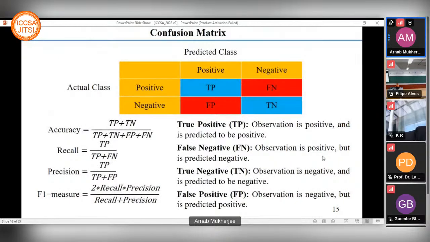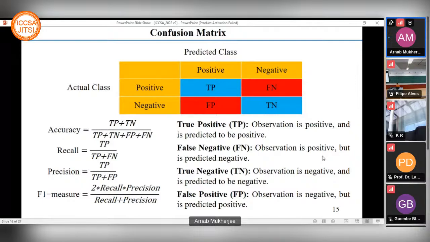Then the next step is to evaluate the performance of our proposed algorithm. Several measurements are available to evaluate the performance of classification techniques. In our study, we follow the confusion matrix to assess the performance of the classification technique. The confusion matrix is a matrix that shows the actual and predicted class of the classification technique.